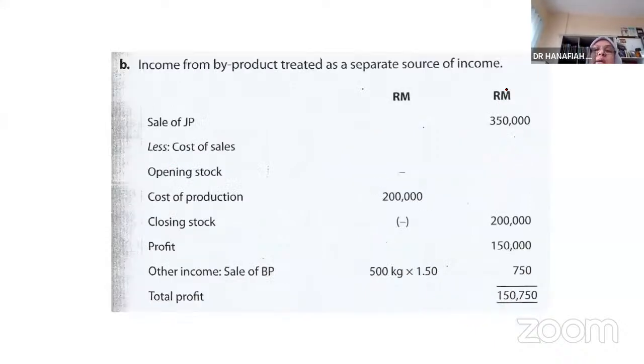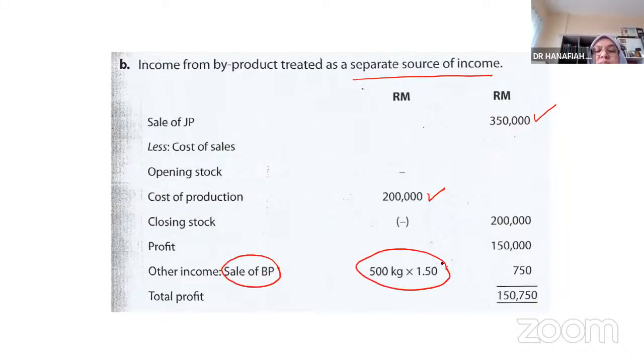And if you use a separate source of income, sales of joint product is 350,000, cost of production is 200,000, and other income, where you count it separately, sales of byproduct is the same, 500 times 150, which is also 750. So your total profit is the same, whether you use the main income or a separate source of income.